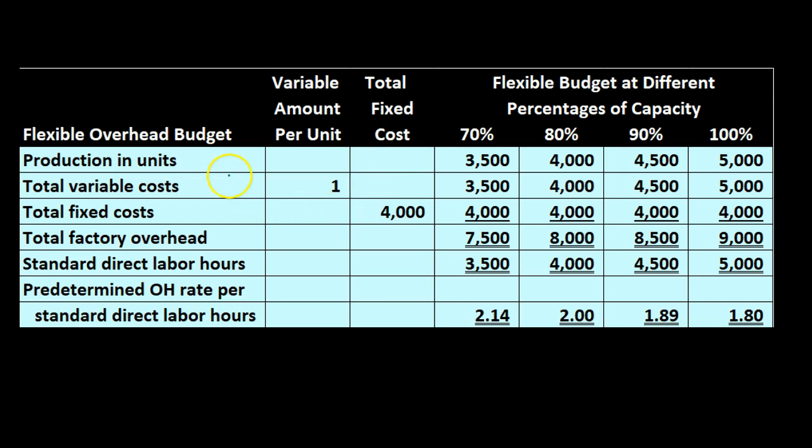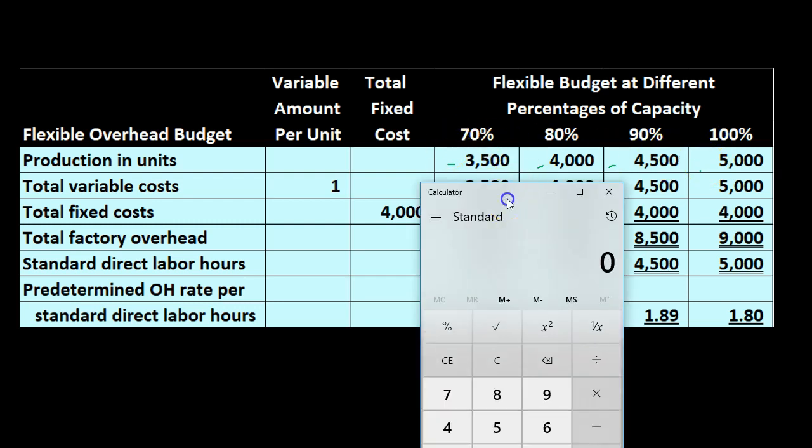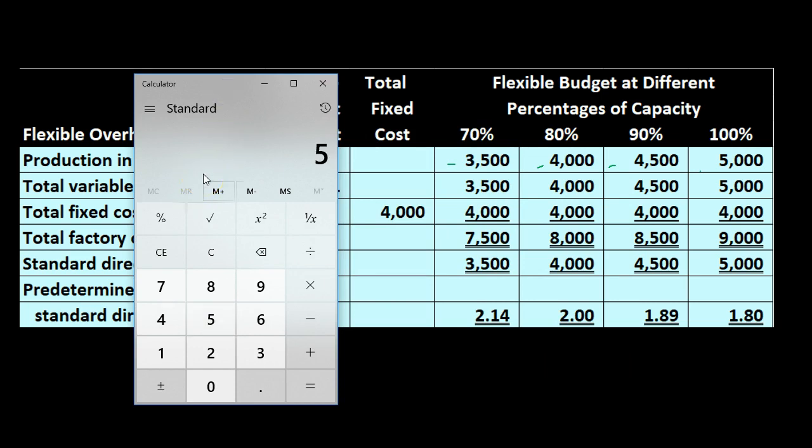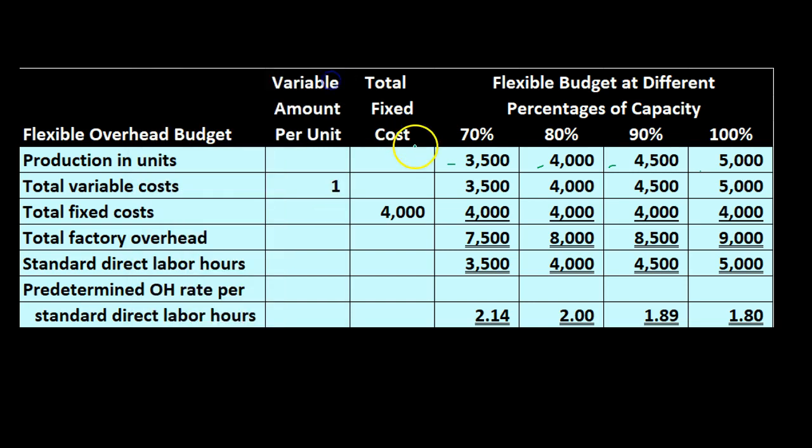You'll note that if we have the production in units, we're going to say that the production is 3,500, 4,000, 4,500, or 5,000 at capacity. In other words, if we think that we're at capacity, 100%, we're making all the units that we can, that would be 5,000. If we say that we're at 70% of capacity, it's going to be 5,000 times 0.7 or 3,500 units.